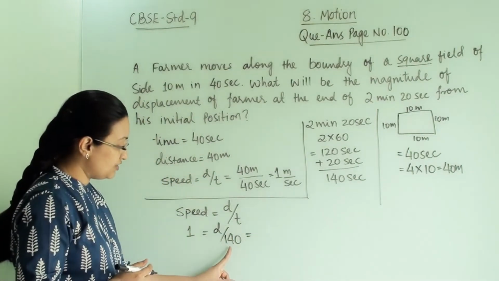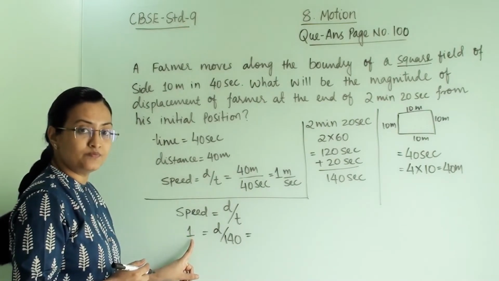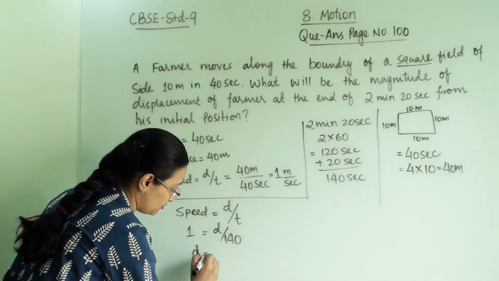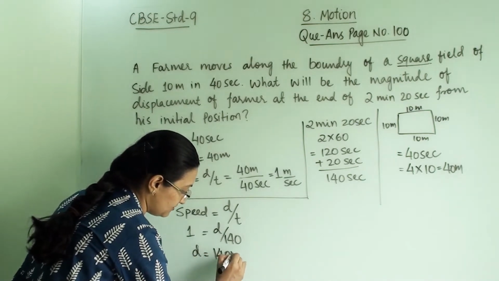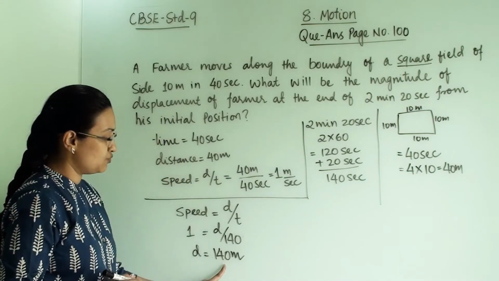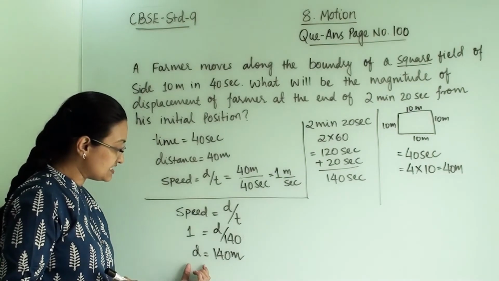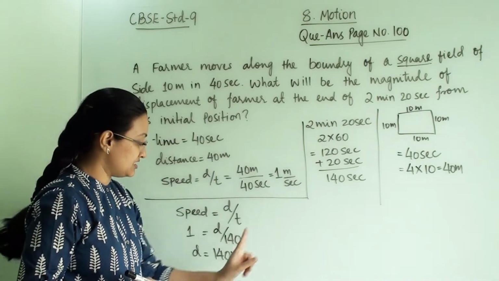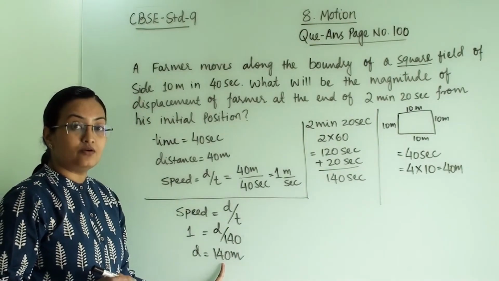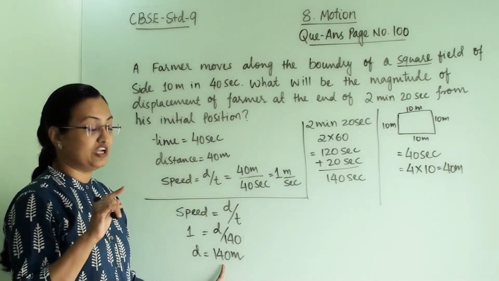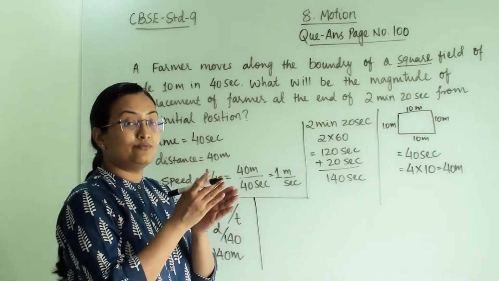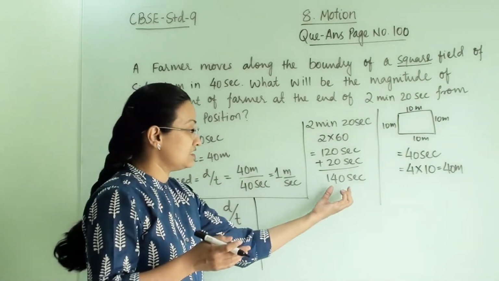It is in the denominator, it will come in the numerator. So here we will get D equals 140 meters. D is distance. So with this much speed, after 140 seconds, he will cover 140 meters. So now we know the distance.